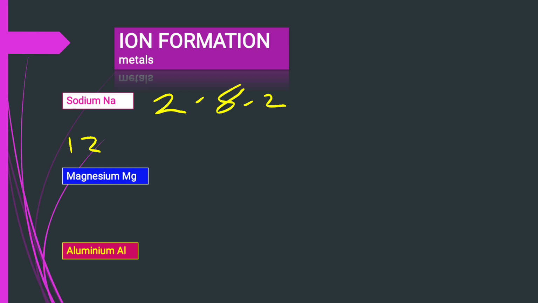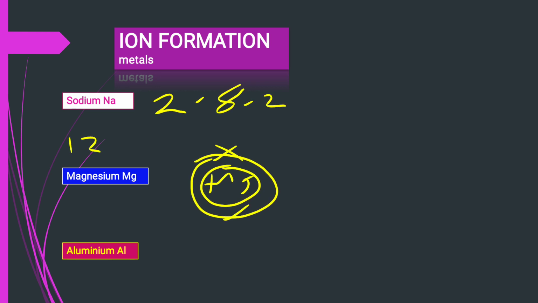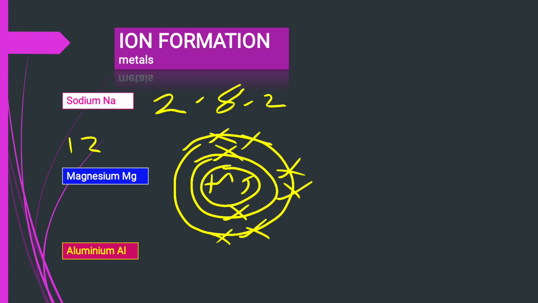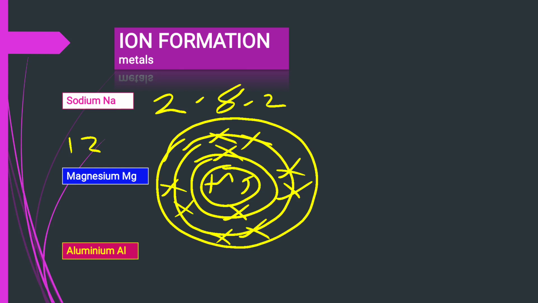If we draw the atomic structure of magnesium, it will look like this. We will have magnesium, then the first energy level with 2 electrons, the second energy level with 8 electrons, and then the last energy level with 2 electrons.